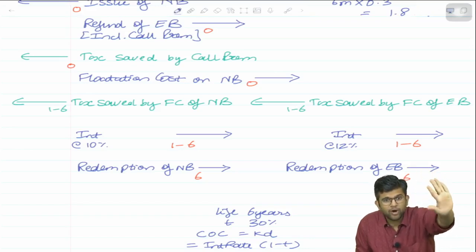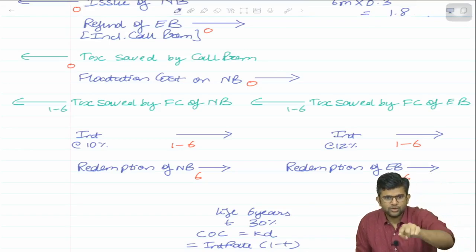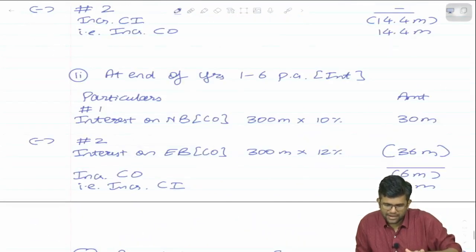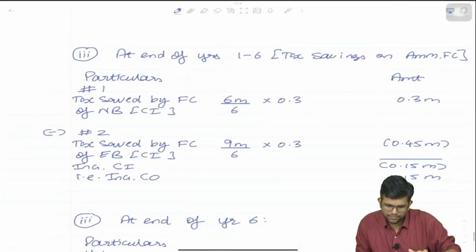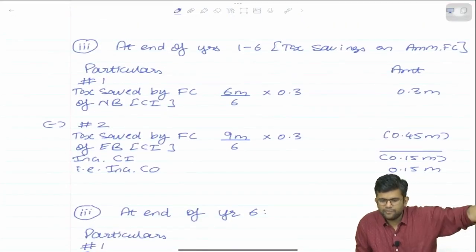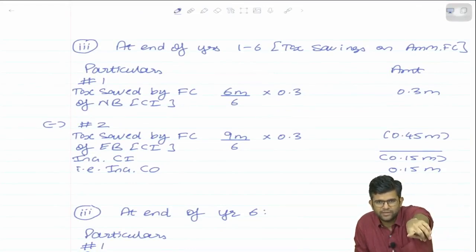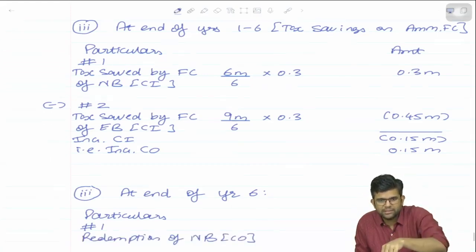If Bhavani bond is to be continued, this 2.7, can I say I will spread over 6 years and I will get 0.45 million every year? Do 2.7 divided by 6. This is 0.45, no? Just check once. Correct?